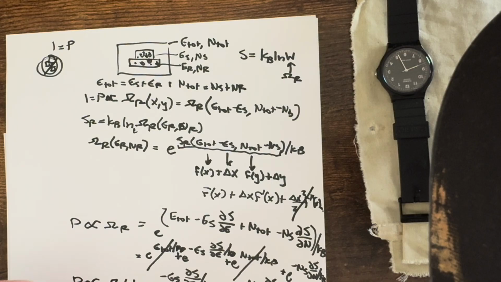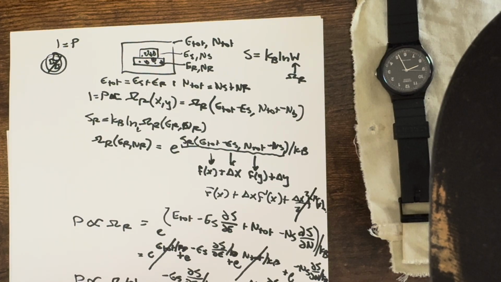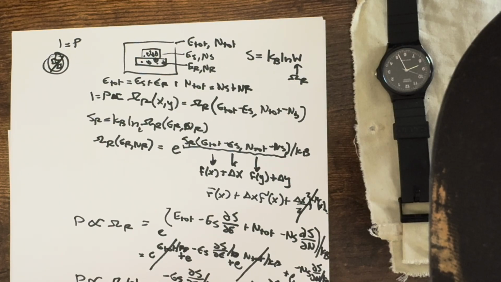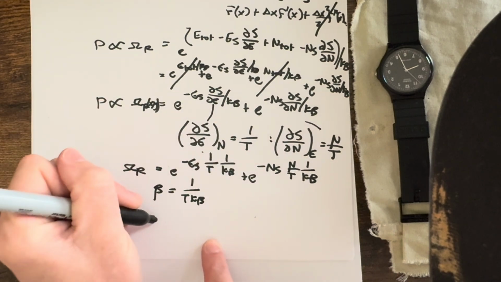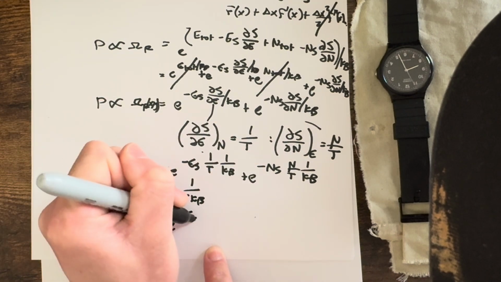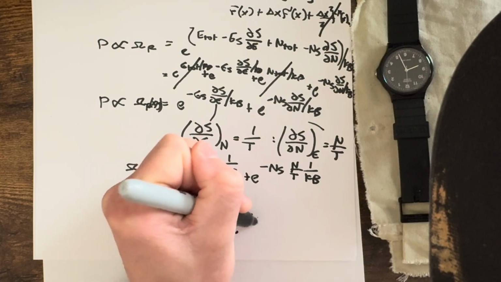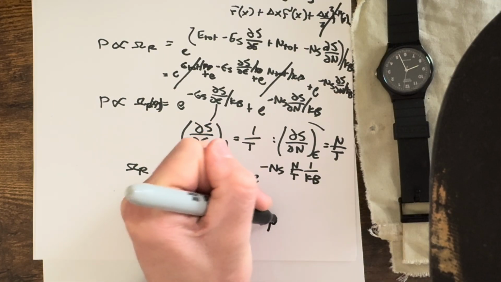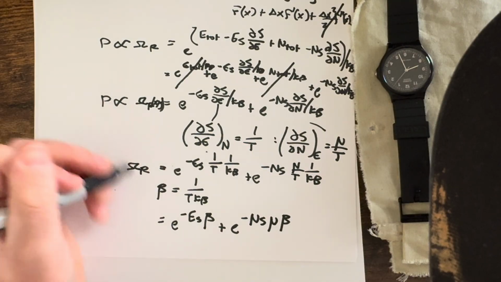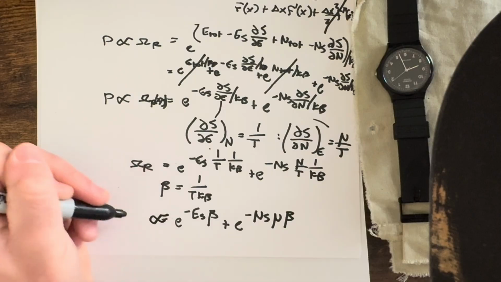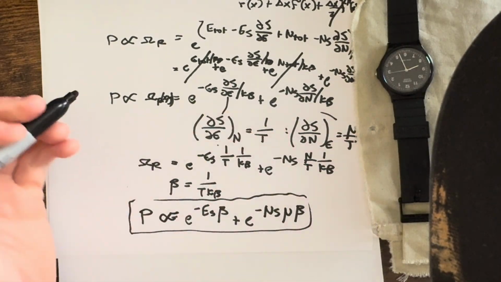Combine those. The easiest way is to use beta, 1 over T KB. So that will plug into both of those and you'll get e to the negative ES beta plus e to the negative NS mu beta. And your probability is proportional to that. And this is your grand canonical ensemble.